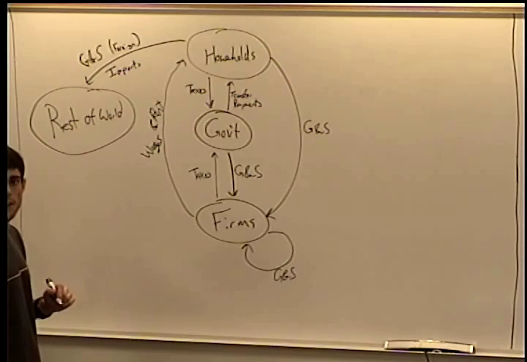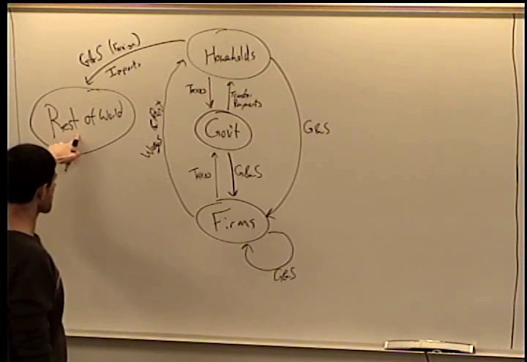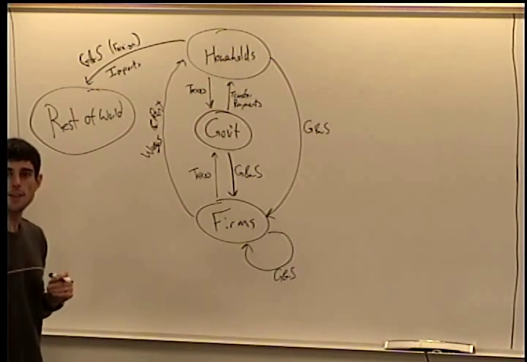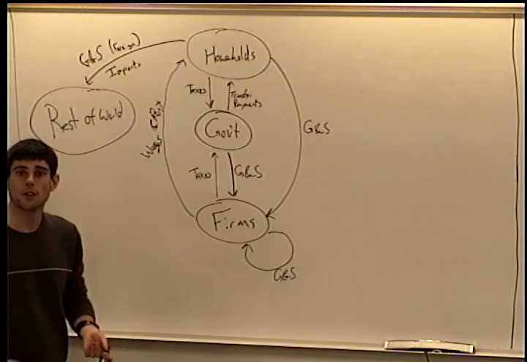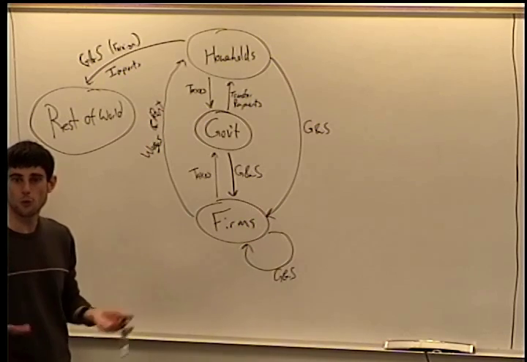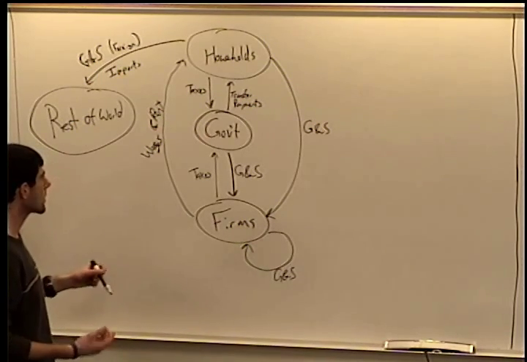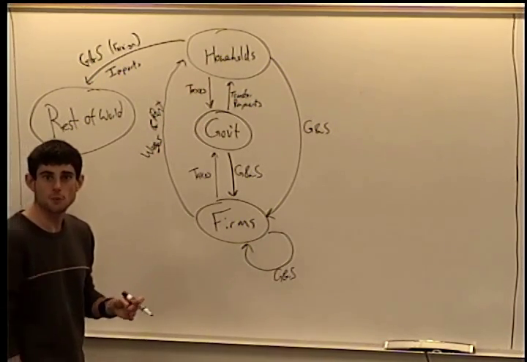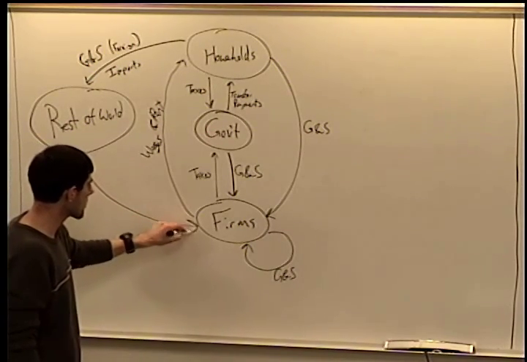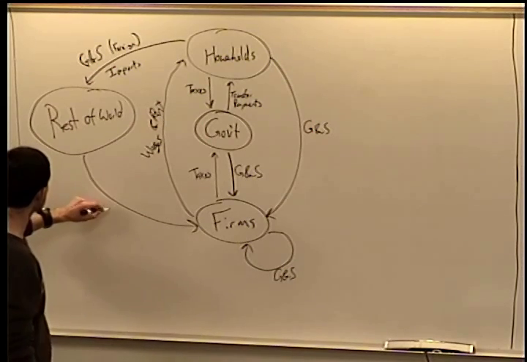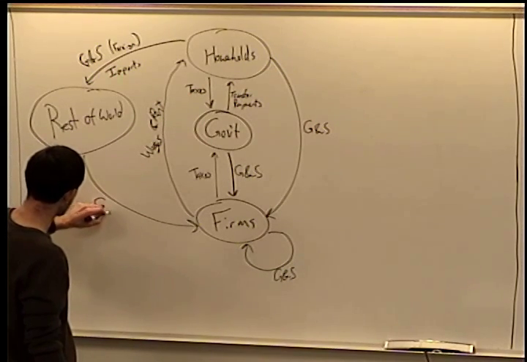Okay? And then lastly, does money flow from the rest of the world to the US? And the answer is yes. The US is the largest producer of cotton in the world. It's the largest producer of corn in the world. So if the rest of the world buys cotton from the US, money goes from the rest of the world to US firms for goods and services.